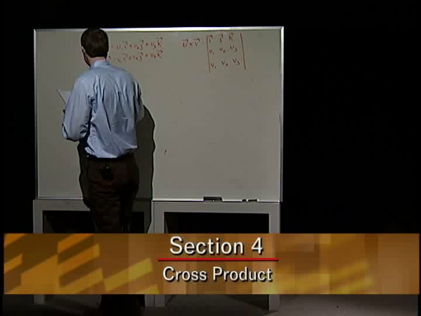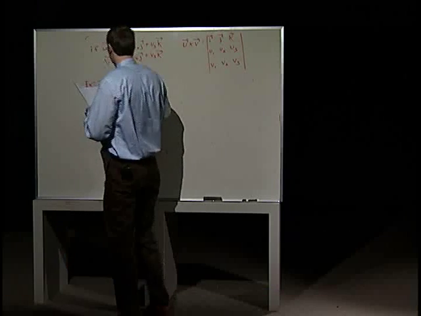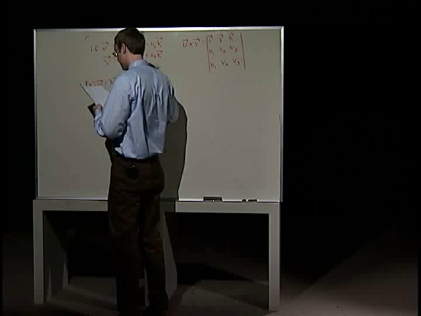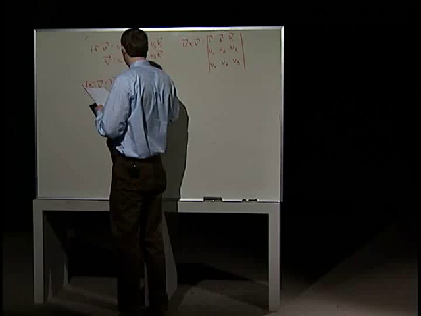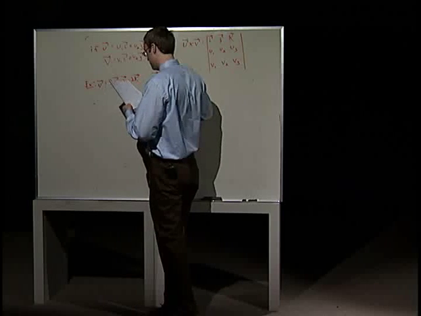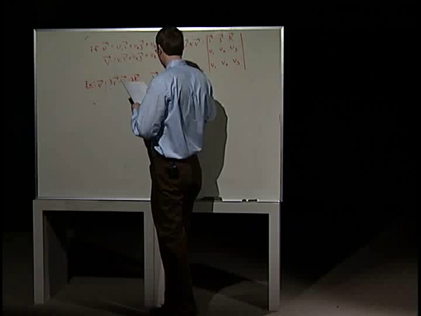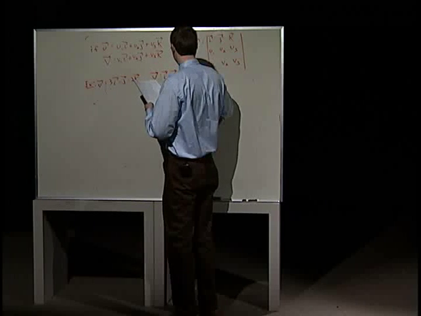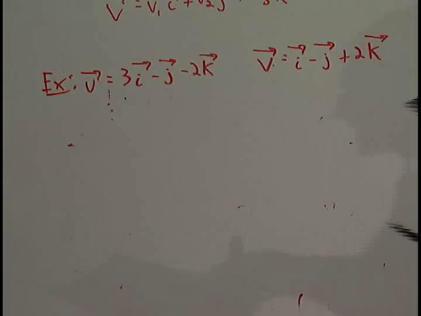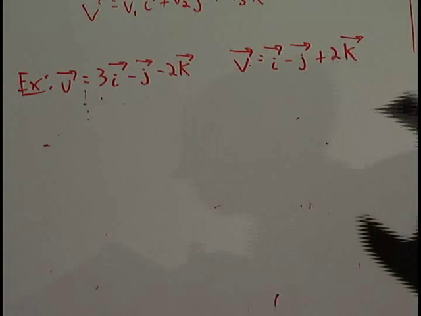All right, so let's make some actual vectors here. So u is 3i minus j minus 2k, and v is i minus j plus 2k. And so my question is, what is u cross v?